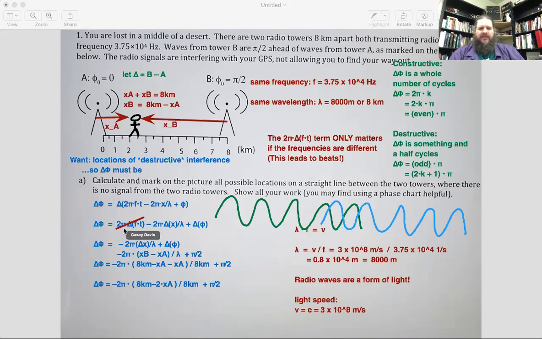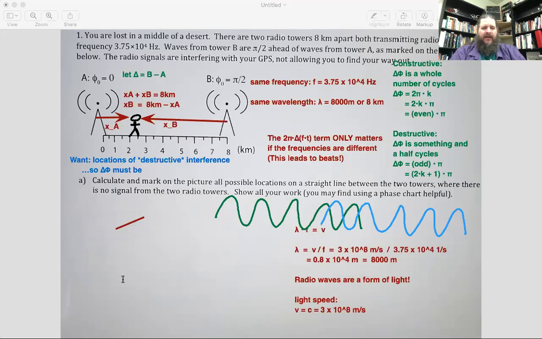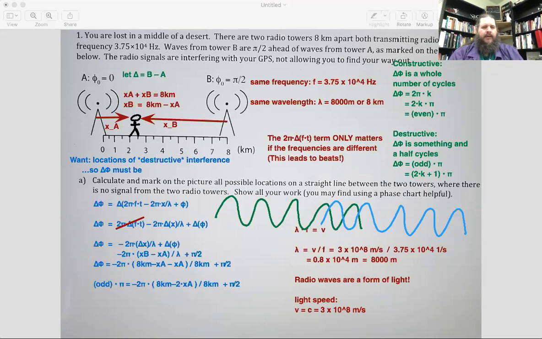But for now, let's just write this as odd times pi. We can fill in odd values later. So delta total phase will be replaced with odd number times pi. And now we want to figure out what value of XA will work here. The rest is going to be mostly algebra. We want to solve for XA.